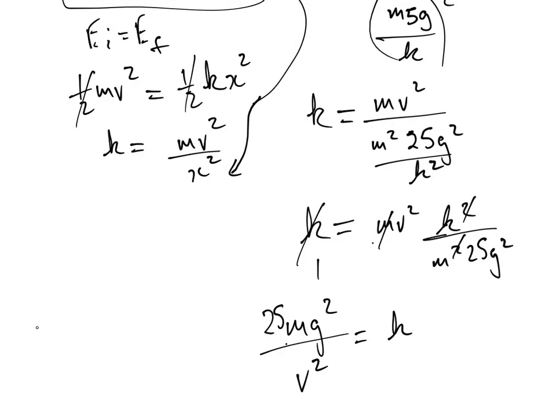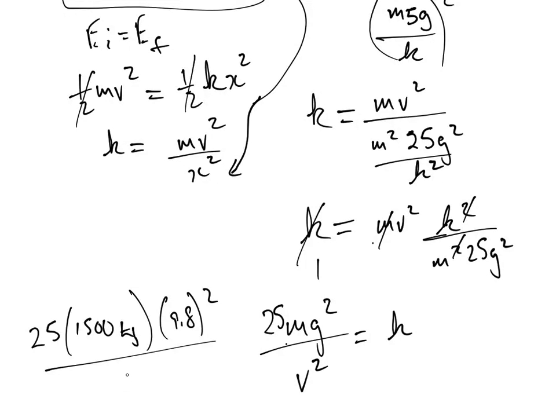Now, if we plug in our values, we're going to get 25 times 1,500 kilograms times 9.8 squared divided by 90 over 3.6 squared. And that's what k is going to equal.